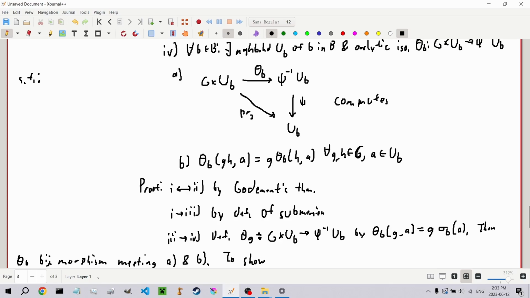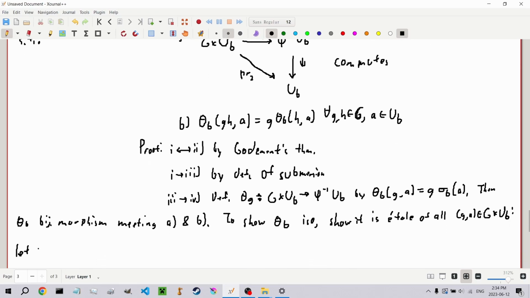To show that theta B is an isomorphism, we show it is étale at all G and A in G times UB.